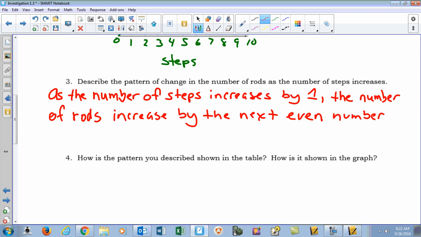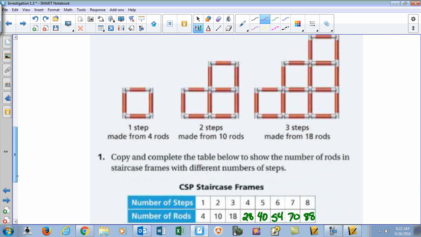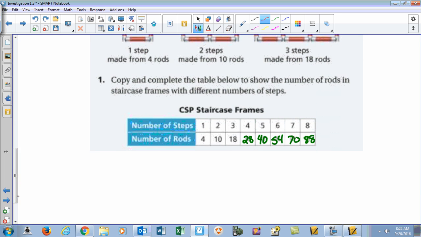Wouldn't that also work? If I go back and look at my table here, this increases by 6, right? So the next one should increase by 2 from the previous number, which is 8. And then 10. And then 12. And then 14. And then 16. And then 18, right?